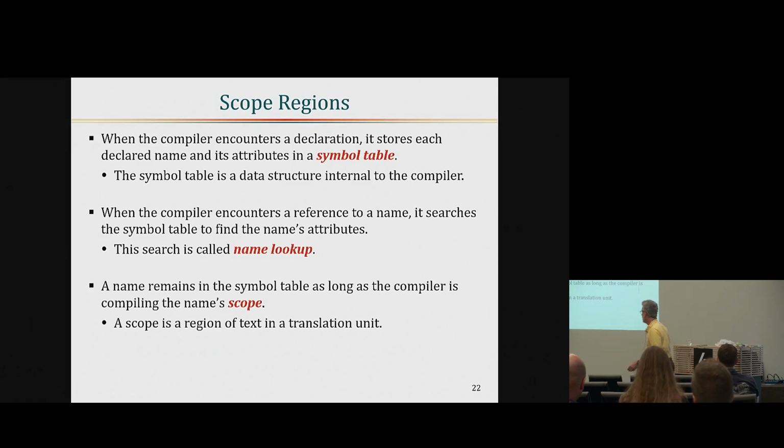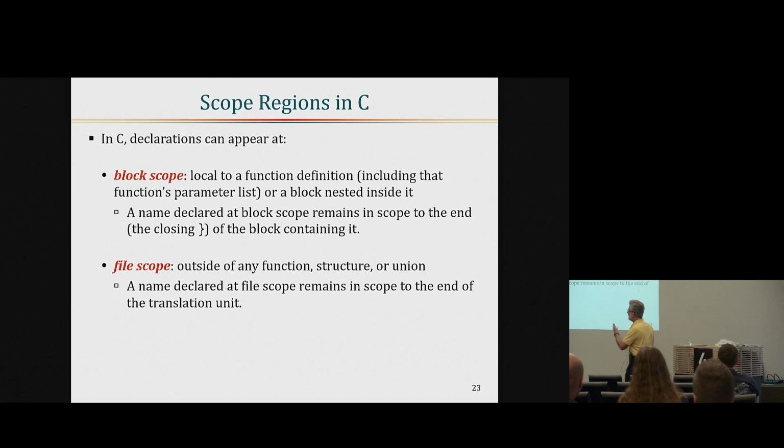Essentially, your informal understanding is that scope is a curly bracketed region of text. It's not exactly that, but most of us get by with that informal understanding. In C, there are two kinds of scope regions. There's four of them, but the other corner cases are not even worth wasting any time on. There's block scope and there's file scope.